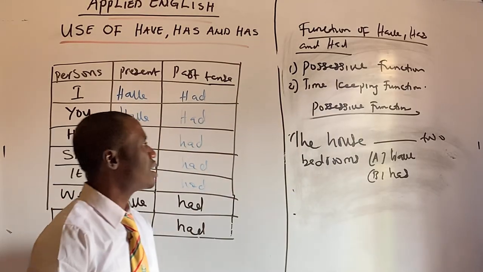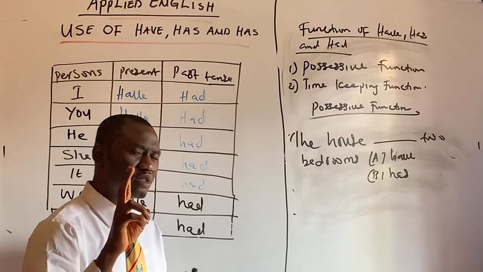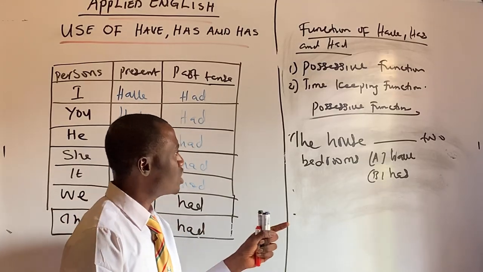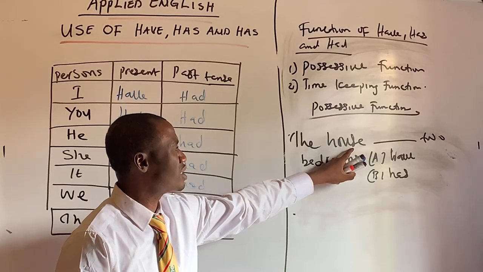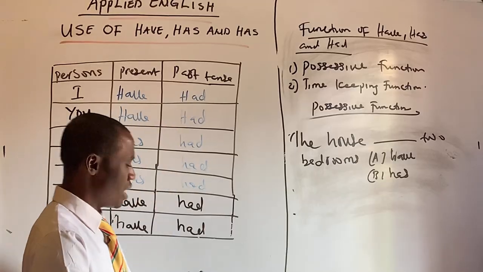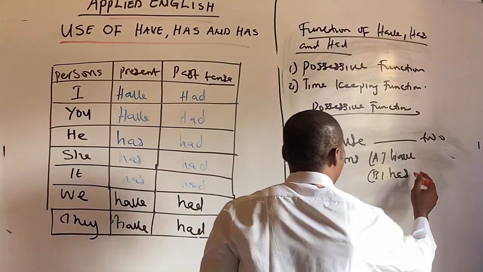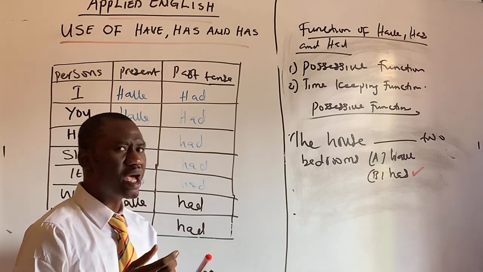The house dash 2 bedrooms. Now, 2 bedrooms is plural form, all right? But we have house. The house there is a singular subject. The answer there is has. The house has 2 bedrooms.